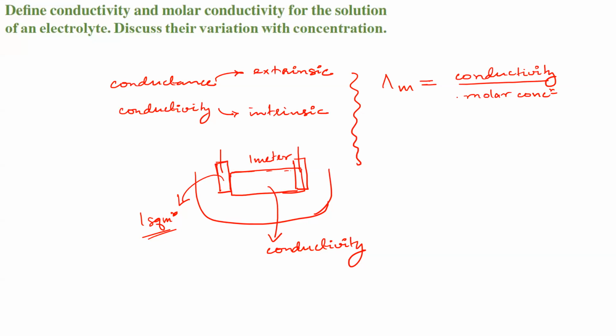Now, conductance is given by G, and conductance is the opposite of resistance, and this will be equal to kappa into the area divided by the length. Yes or no?